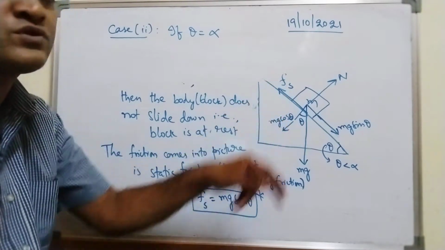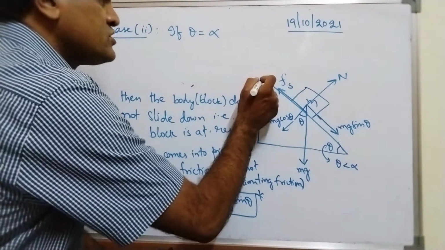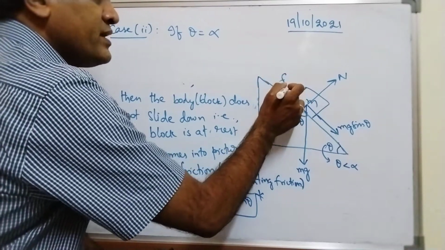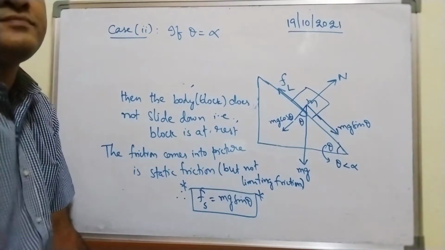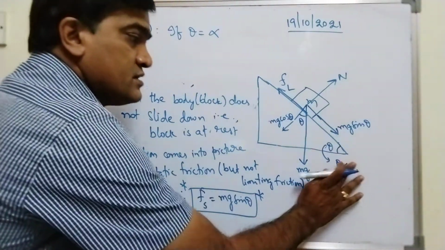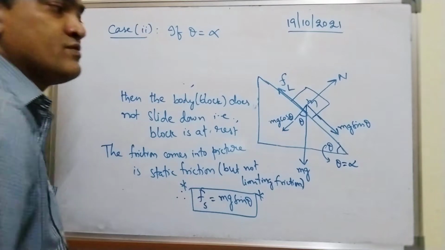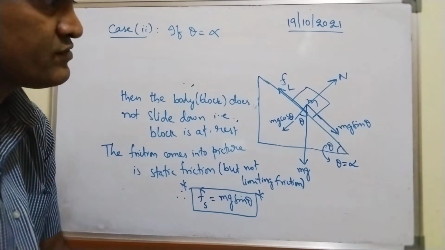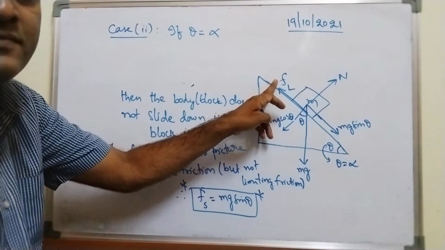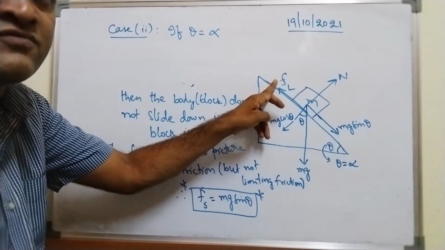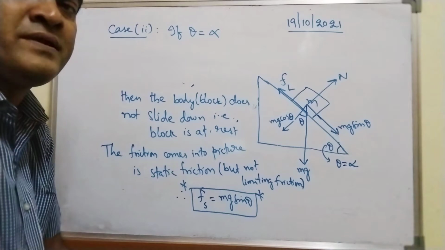In this diagram, this Fs gets replaced with Fl. When theta is equal to alpha, you will get the maximum value of static friction, also called limiting friction.